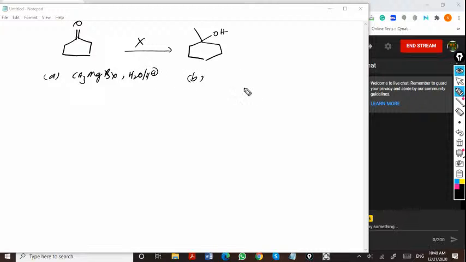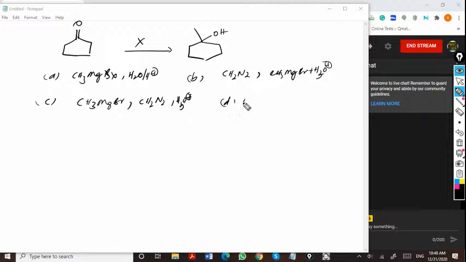Option B: CH2N2 followed by methyl magnesium bromide, H3O plus. Option C: methyl magnesium bromide, then CH2N2, then H2O. This is nothing.